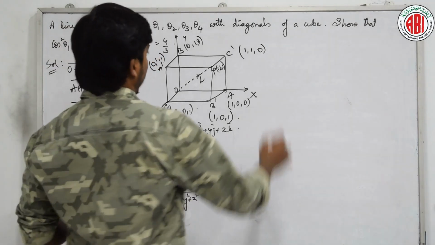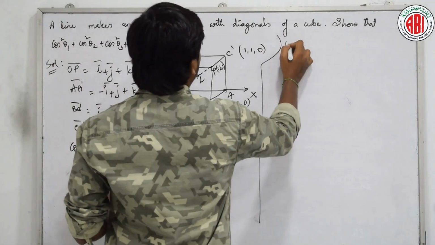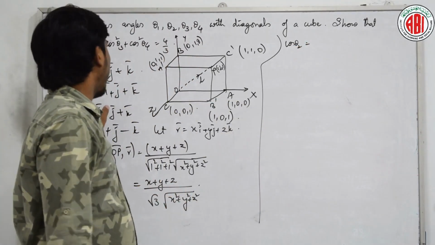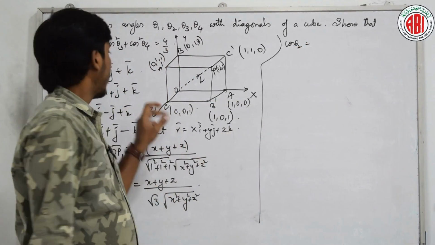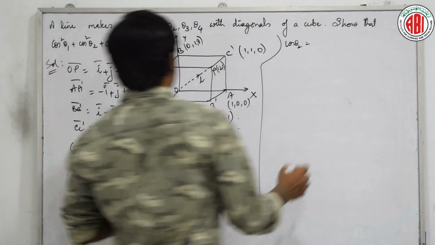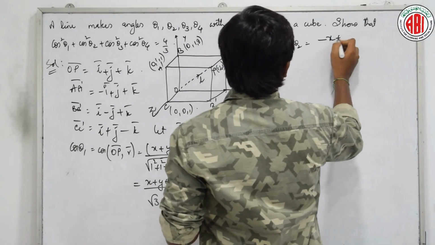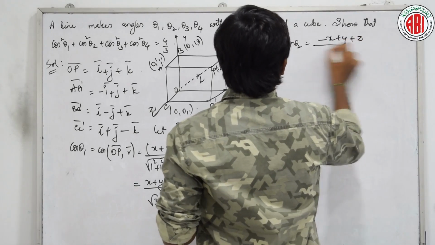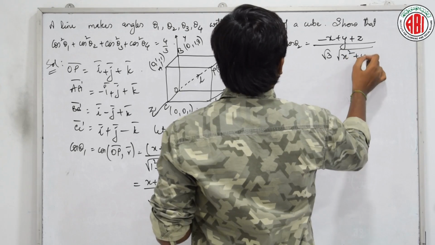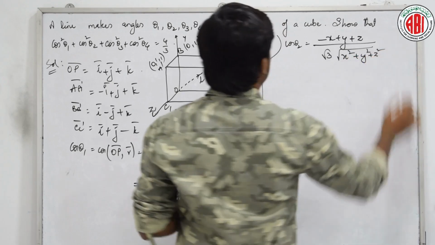Similarly, we can write the value of cos theta 2 as the angle between AA dash and r. Here, if you observe, the first term has a negative sign, therefore it will be minus x plus y plus z divided by root 3 into root of x square plus y square plus z square.